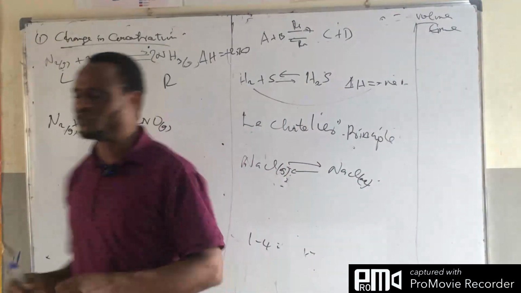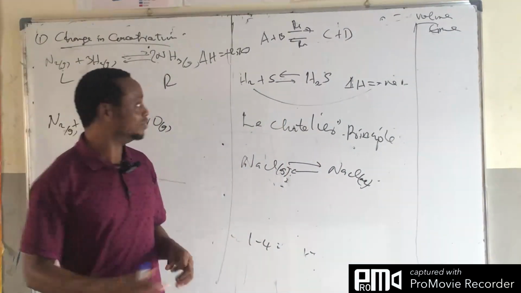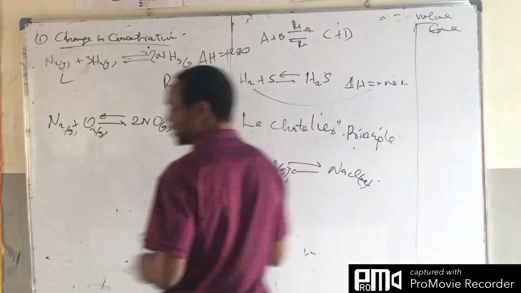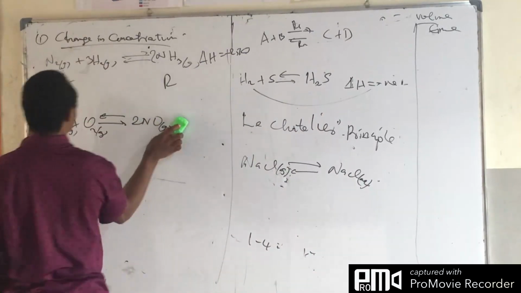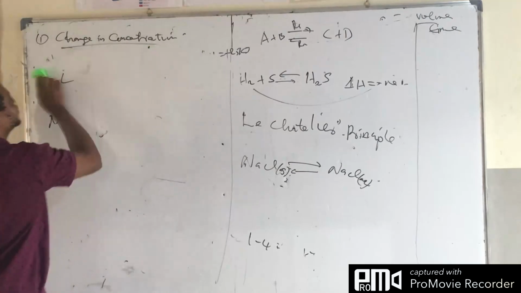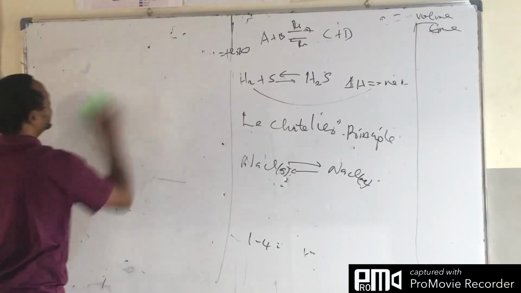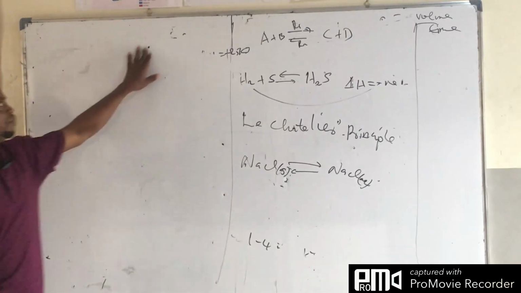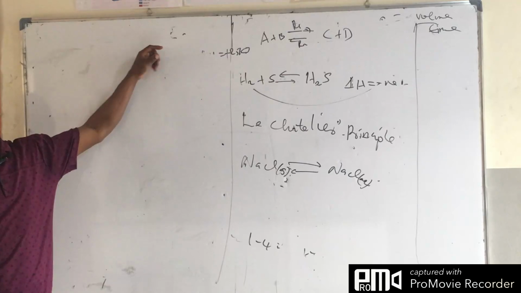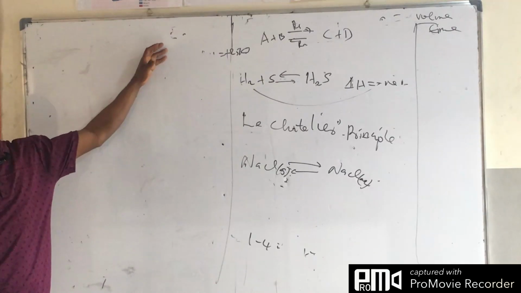Now I'm going to talk about equilibrium constants. In JAMB, you will not be asked to prove anything there, unlike WAEC. This is an exam class.